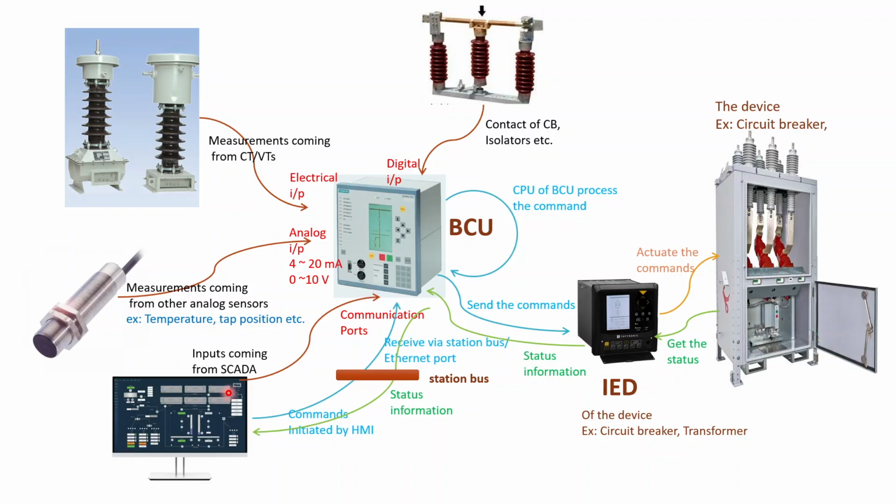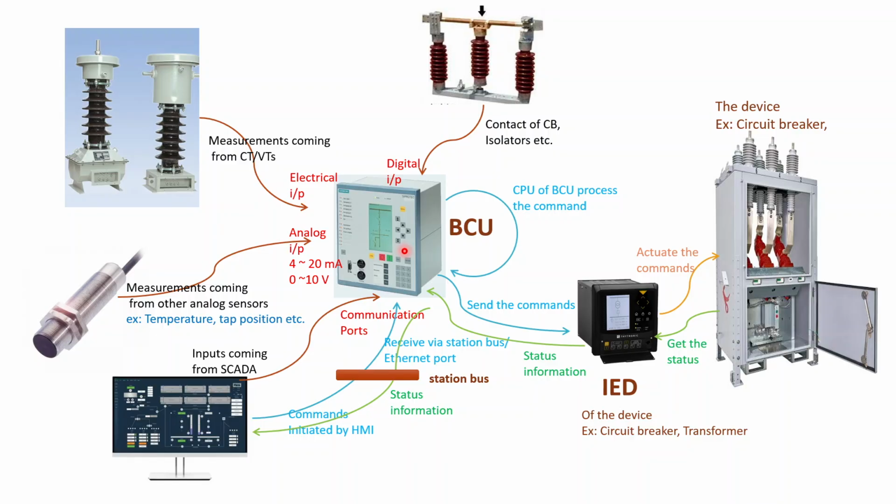Agreeable by the bay controller unit and the SCADA system. So these are basically coming through the communication ports. This system supports many different types of communication ports like RS485, optical fiber, Ethernet, and so on, right? So they depend on the bay controller unit. Okay.